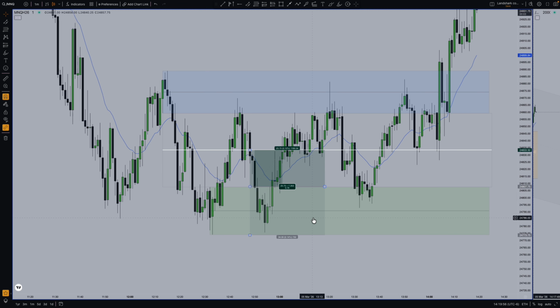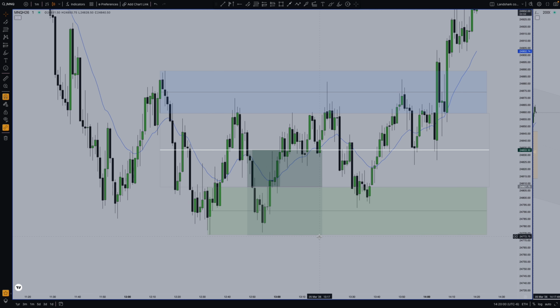Again, if you're not comfortable with having it this far and doing a negative R trade, that's fine. Just if you want to do like a 1-to-1 and split it, that's up to you.